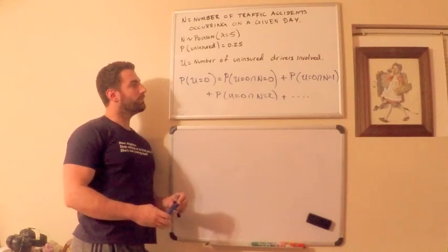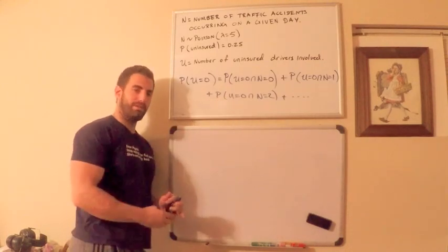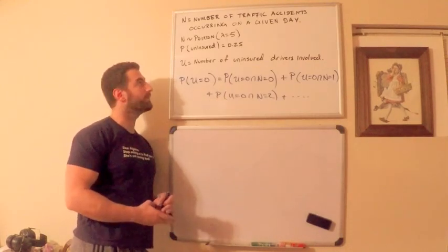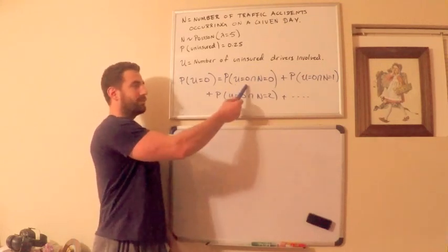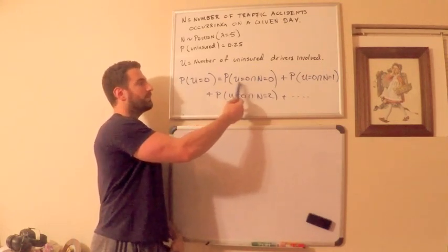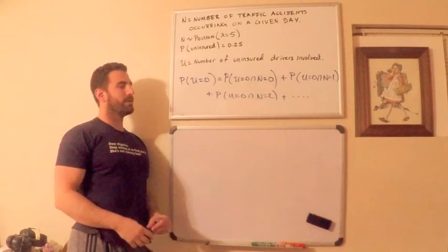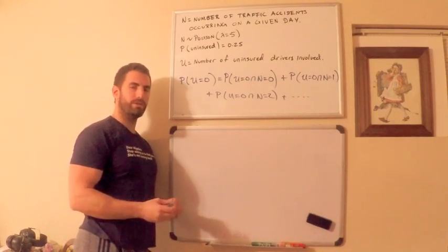These are a bunch of and statements, and in the context of this question, they can be quite difficult to answer as written. So I'm going to use the law of total probability.